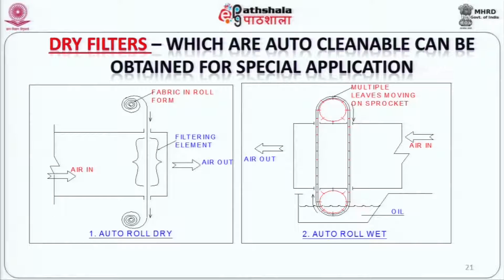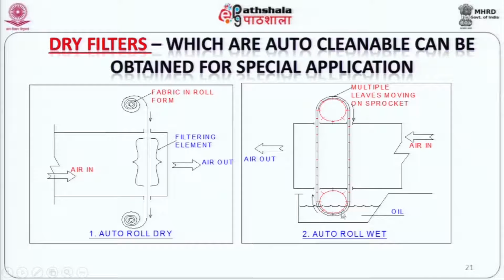Now, these dry filters, which you see in most air conditioning equipment, are just simple panel type filters. Some chemical industries, some continuous processes will not allow you to use a panel filter which requires to be cleaned from time to time. In such cases, a dry filter can be used in a self-cleaning device, whereby small elements of these filters are put together and kept in the path of air, and these themselves keep rotating.